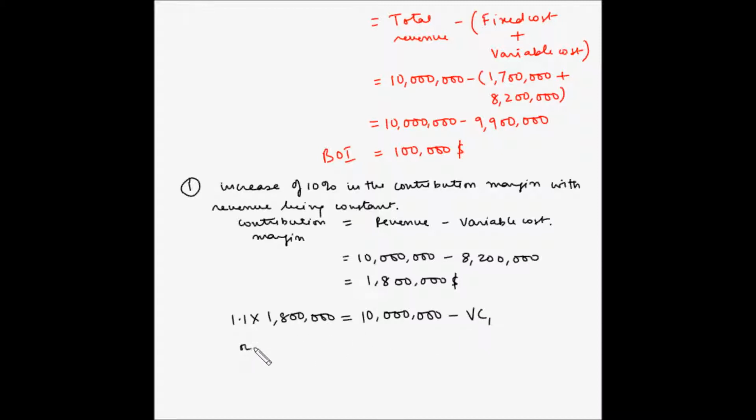Now this is equal to 1.98 million, so 10 million minus VC1, or VC1 is equal to 10 million minus 1.98 million, and this is equal to 8.02 million.